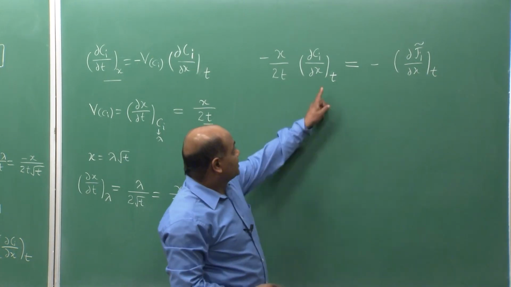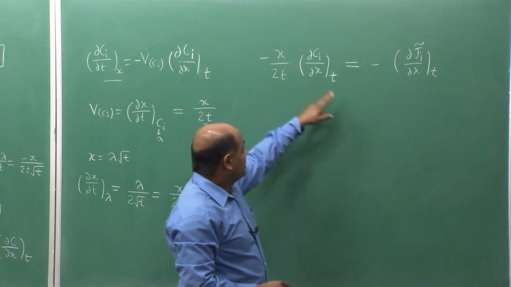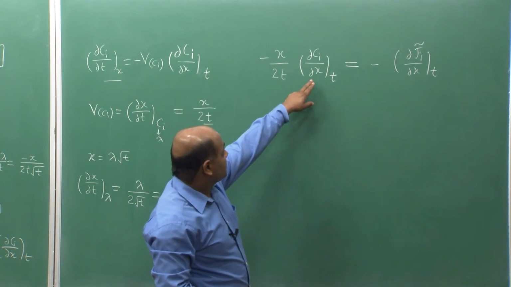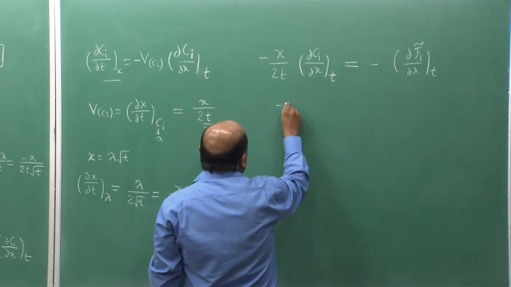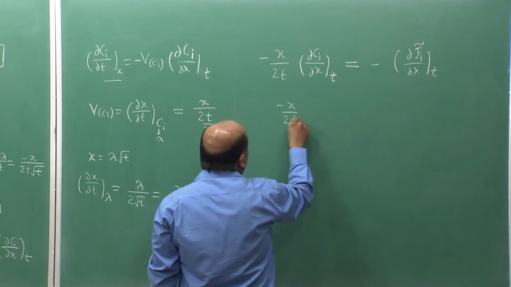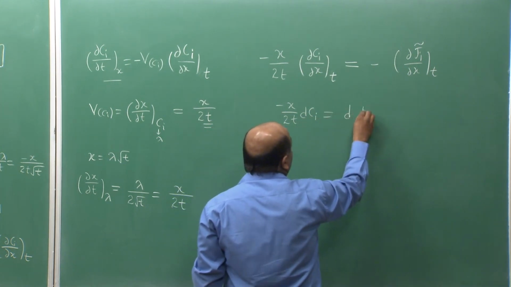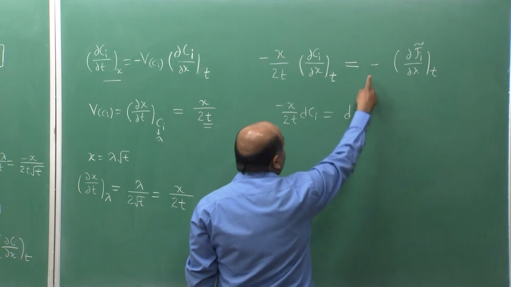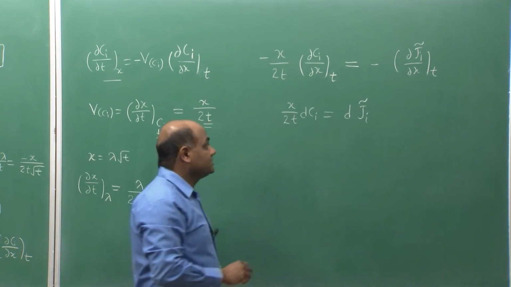Since the partial derivatives on both sides are at constant t, we can take those out, and if we multiply by dx on both sides, we get minus x over 2t dCi should be equal to dJi tilde. There is a minus sign on both sides, so it will get cancelled.